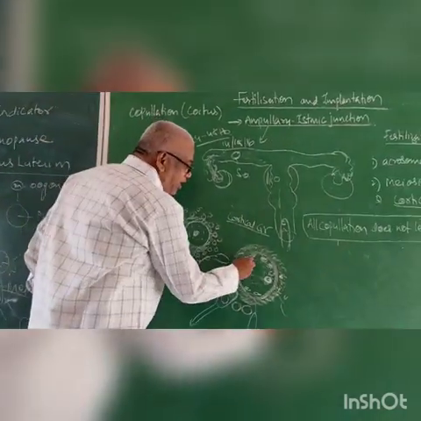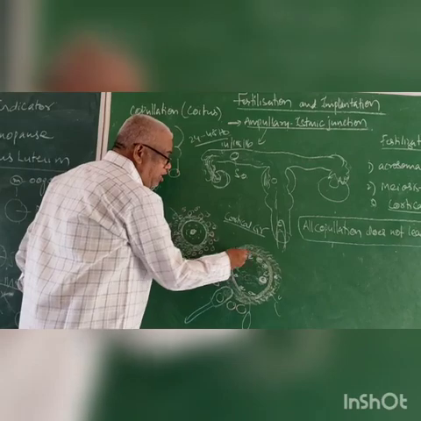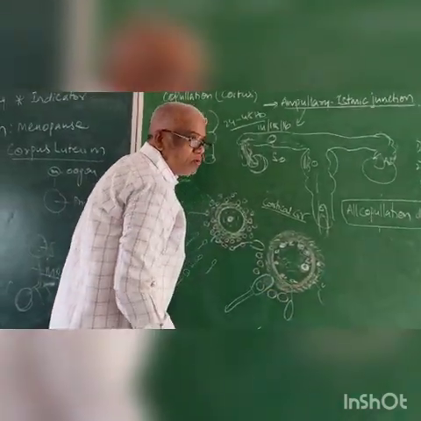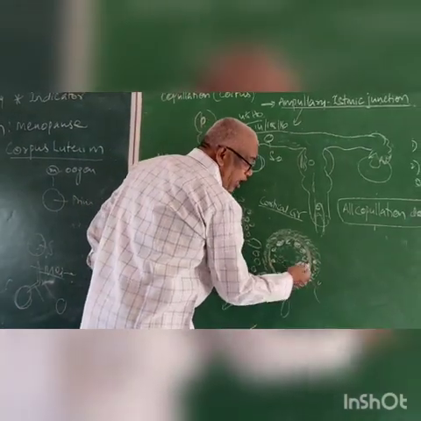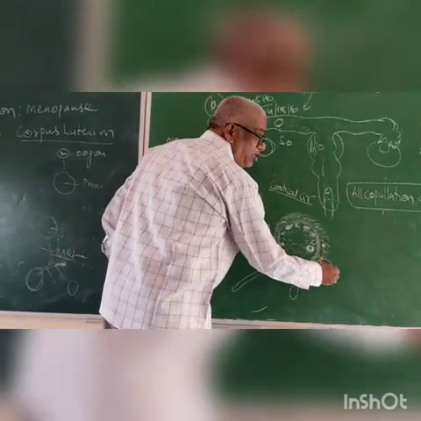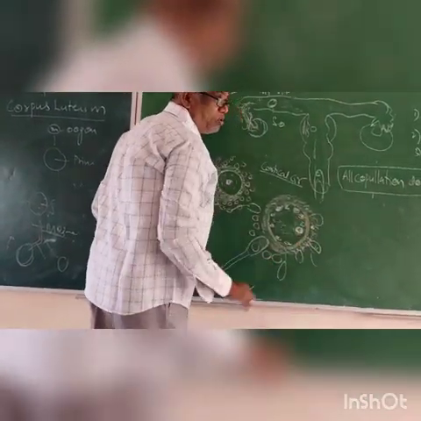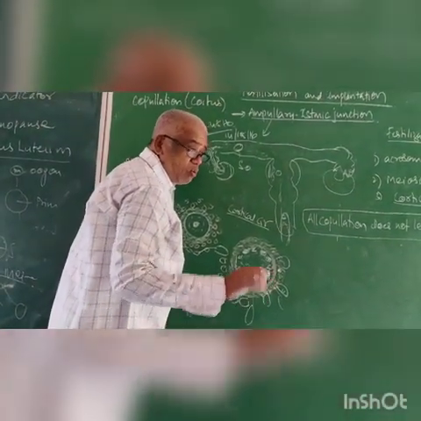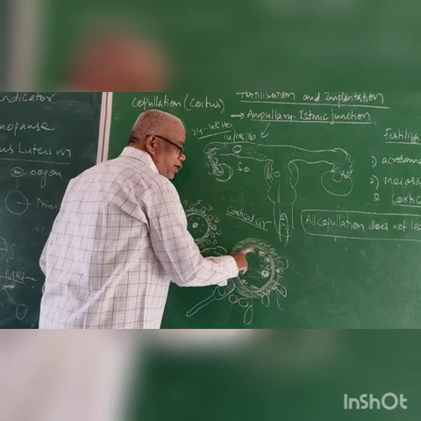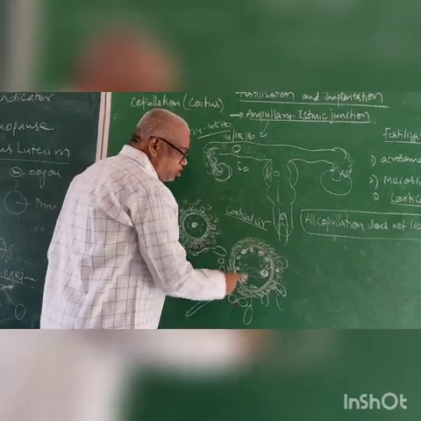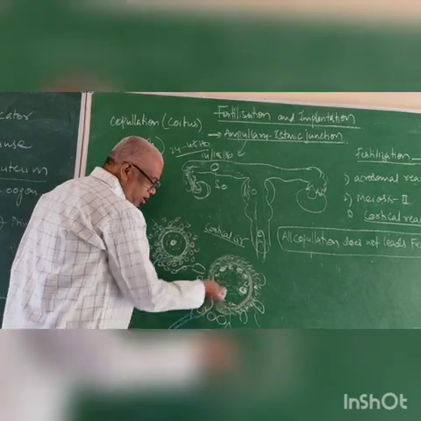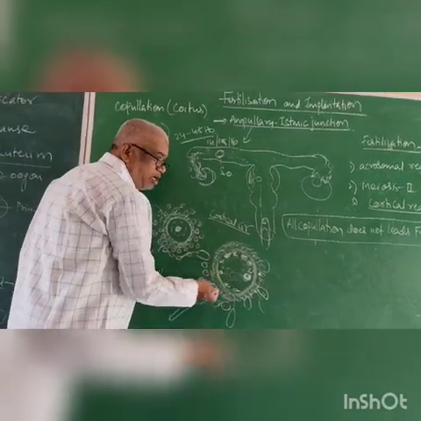If cortical granules are not deposited in the zona pellucida, the zona pellucida remains normal and can allow the second sperm, third sperm. But fertilization does not occur that way. Fertilization is only one sperm with one egg. It is only one egg, so one egg is fertilized with one sperm, which has already participated in fertilization.